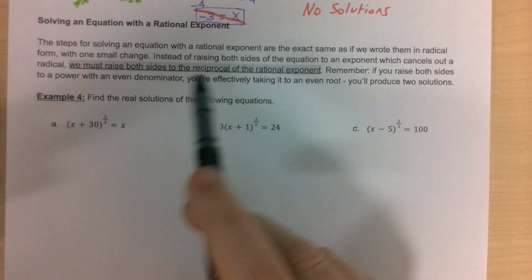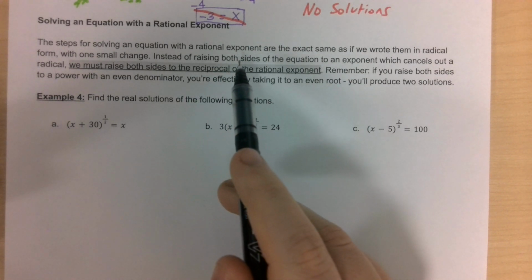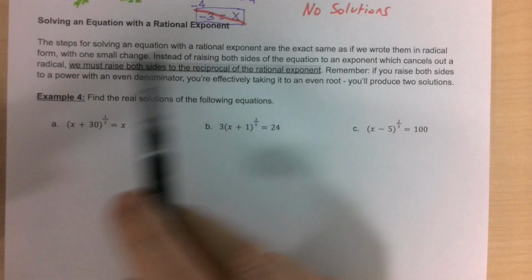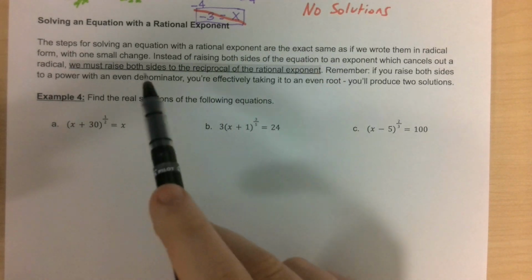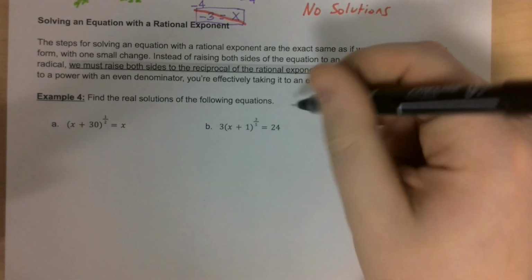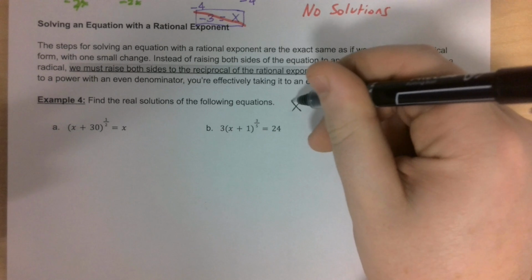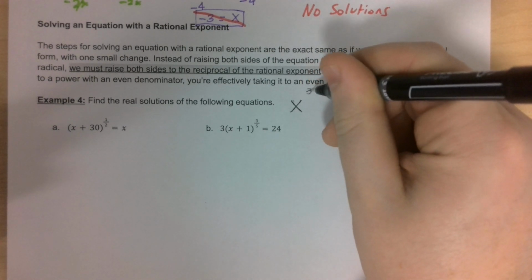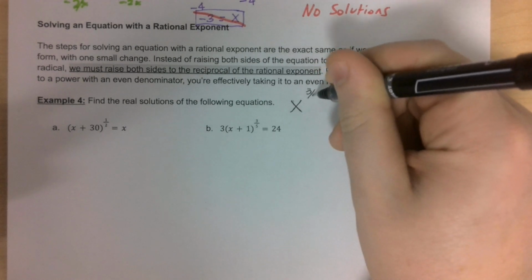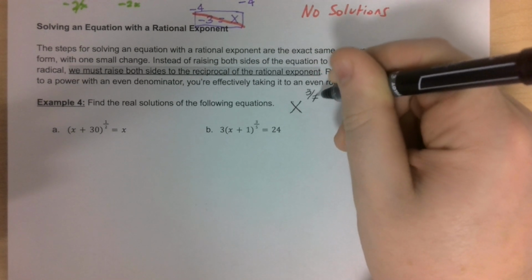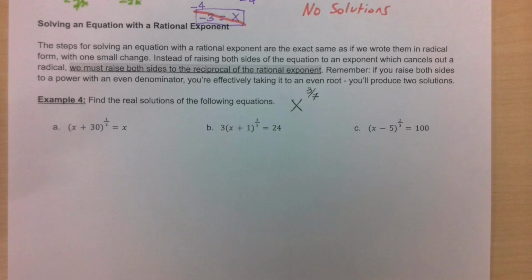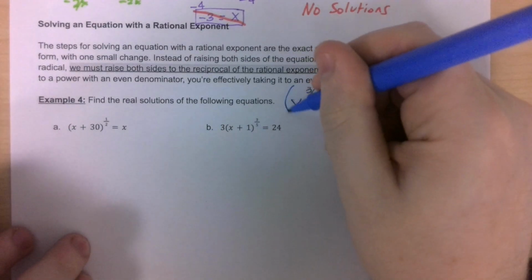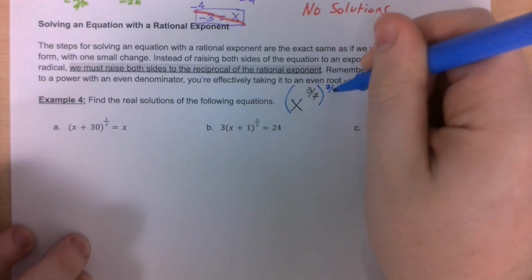In other words, instead of raising both sides of the equation to an exponent which cancels a radical, we're raising both sides to that exponent's reciprocal. So if I gave you x to the 3/7 power, for instance, and we wanted to undo it, we would take that to the 7/3 power.